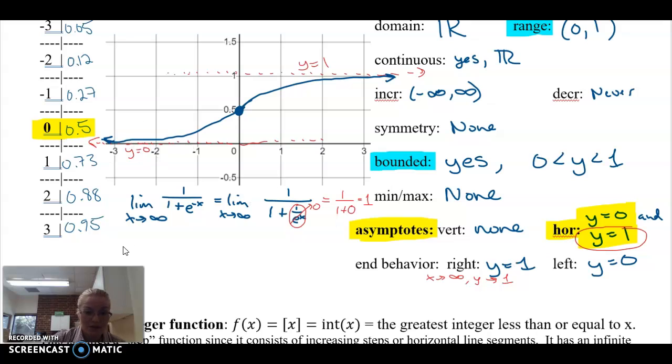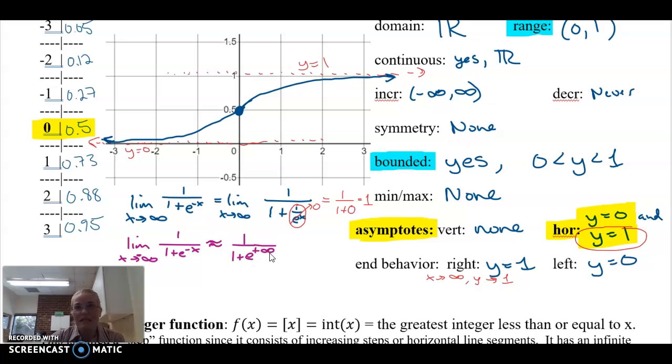For the left direction, right, the limit as x goes to negative infinity of 1 over 1 plus e to the -x. So think of this. If you're approaching negative infinity, well, negative times a negative, if you're plugging in a really, really big negative number here, negative times a negative is a positive. So this is e to some positive exponent. Well, e to some positive exponent, let me write this out. So this is like 1 over 1 plus e to the positive infinity. Okay, this is abusive notation, right?